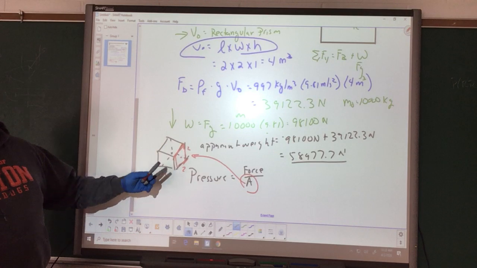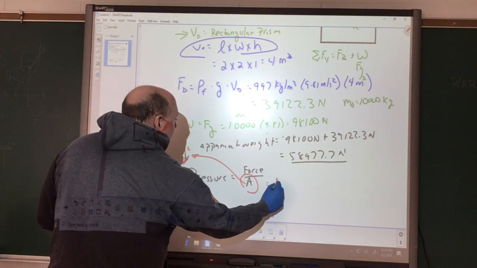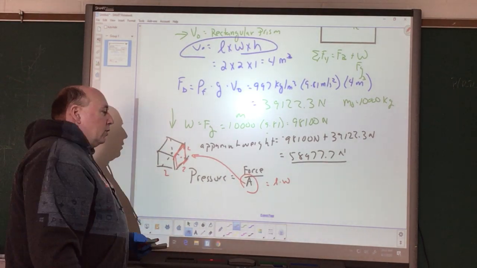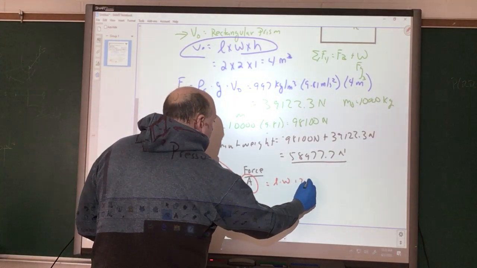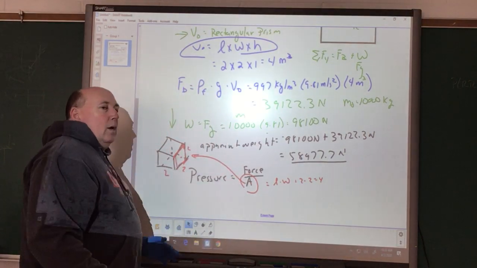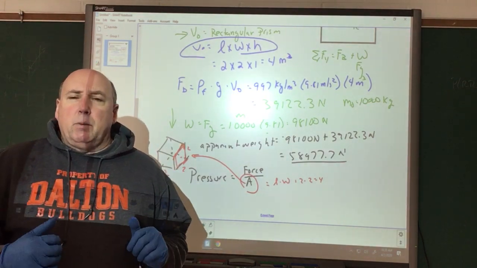And how we find the area of a square is length times width, or side squared, which is a value of 2 squared, which is 4. We will continue to work on these types of problems.